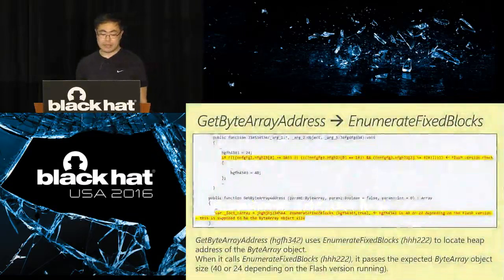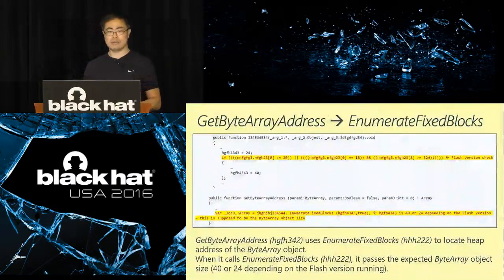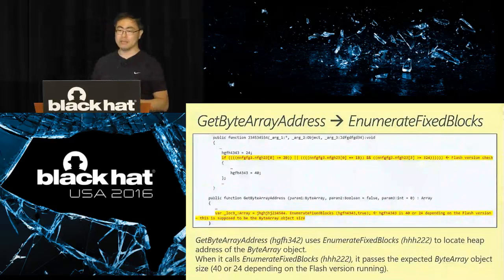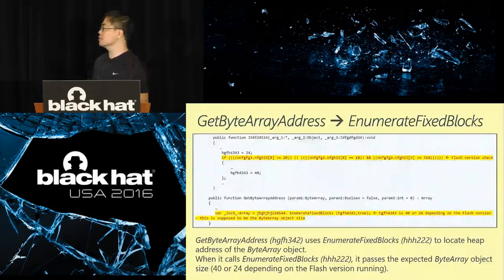So using this technique, they can do a lot of various things. They can locate various internal objects, and they can also leak objects they created. One of the techniques they use is that if they have a byte array object, they can locate the exact virtual address of the raw data.